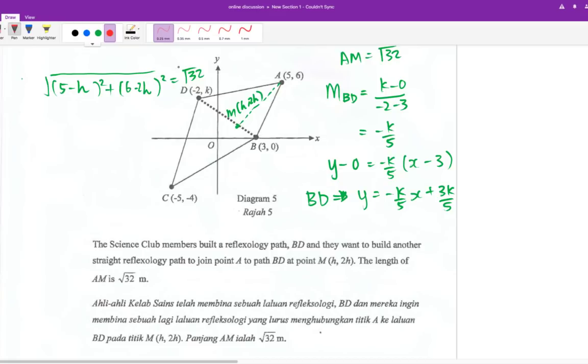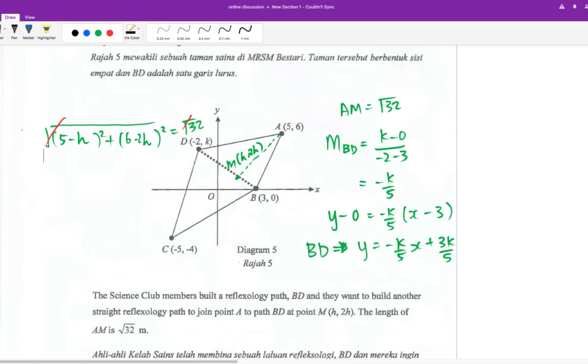Whenever I see both sides are square roots, I will straight away simplify the square root. Alright, then I will just expand it. So I will get 25 minus 10h plus h squared plus 36, this is 12, minus 24h plus 4h squared equals to 32.